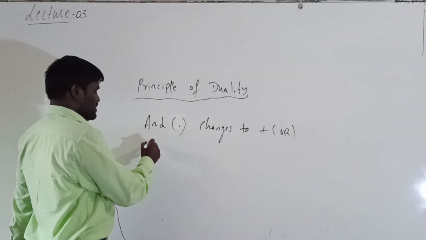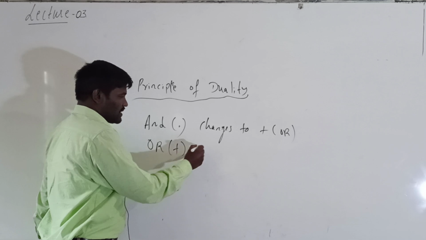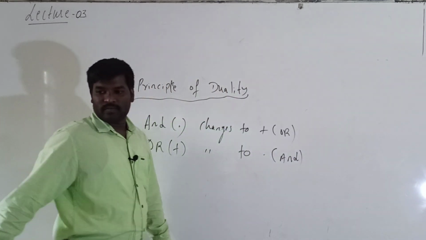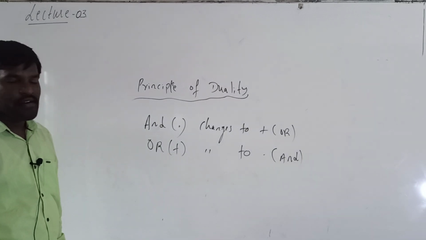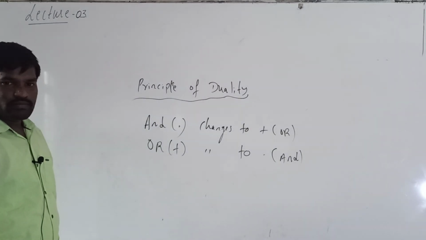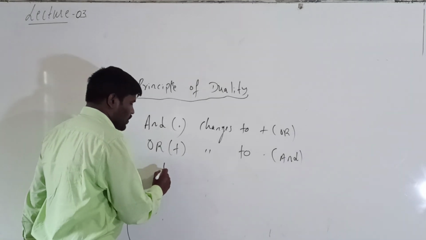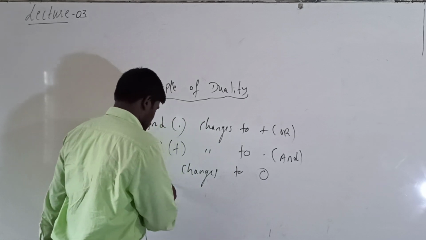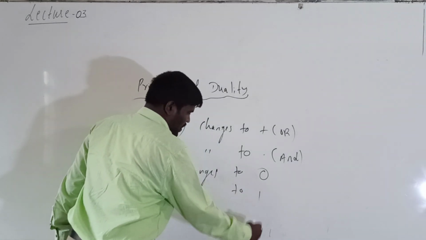In the same way, or, plus, changes to dot, that is and. 1 changes to 0, 0 changes to 1.